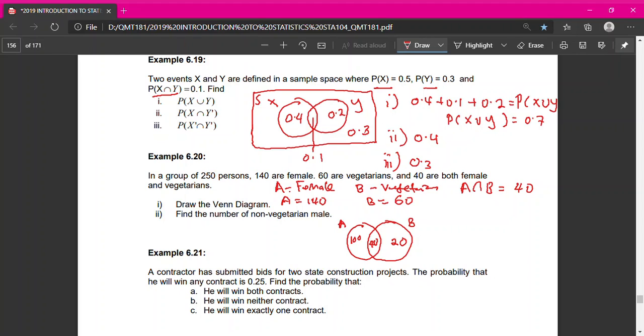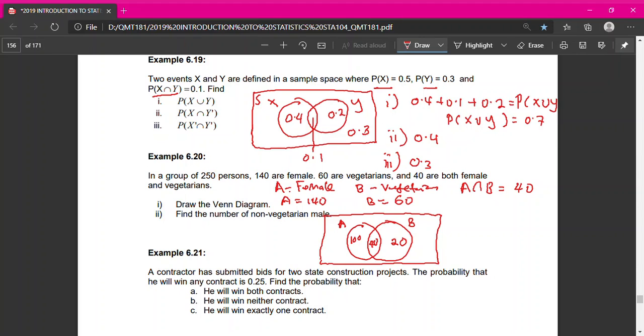Betul tak? Cukup tak semua sekali 250? Okay, kalau tak, the value berada di luar daripada event tu. So, 100 tambah 40 tambah 20 will be 160.